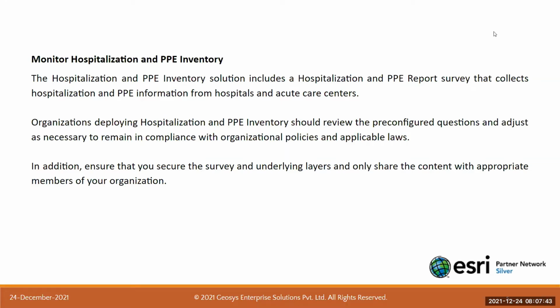In order to monitor hospitalization and personal protective equipment inventory, the first thing is we need to map the existing data in each and every hospital, which means you need to conduct a thorough survey in that particular hospital regarding the normal beds, the intensive care unit beds which are available, the ventilators, the oxygen cylinders, gloves, and masks.